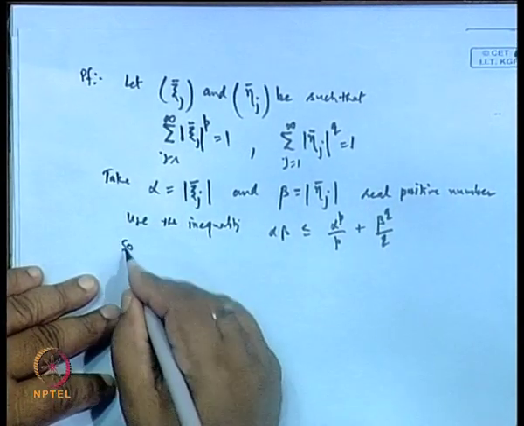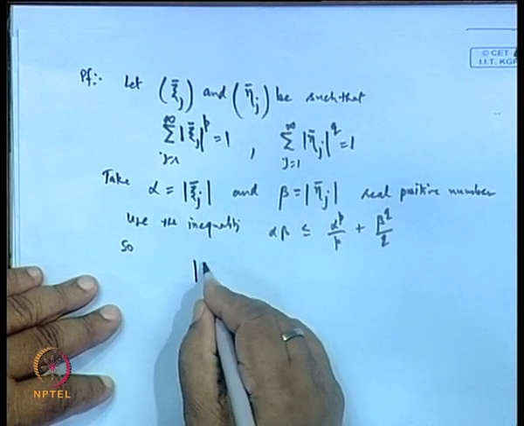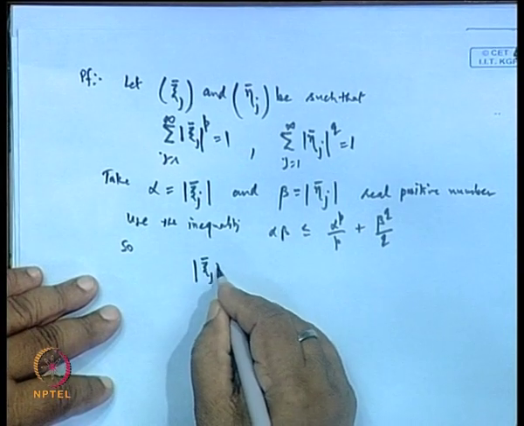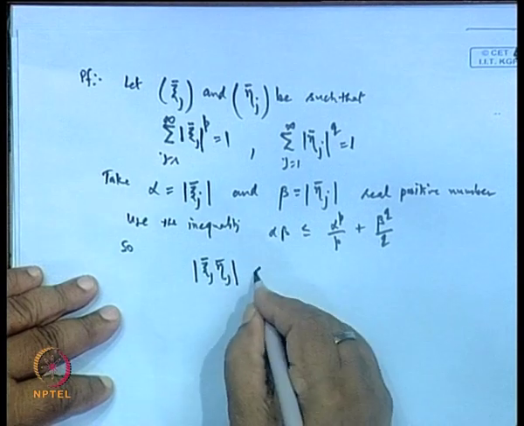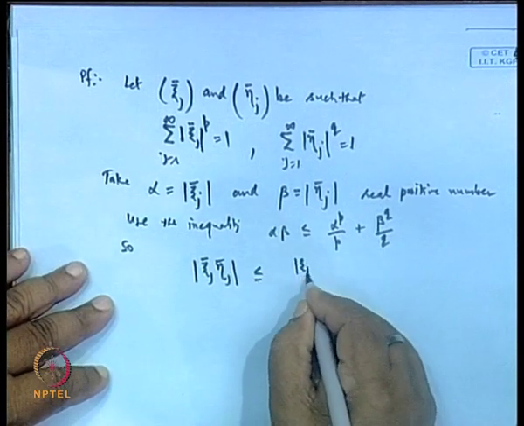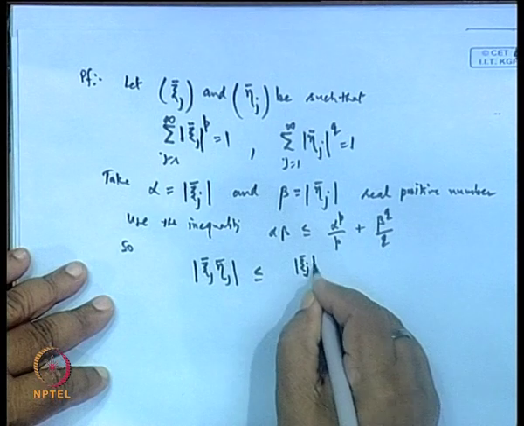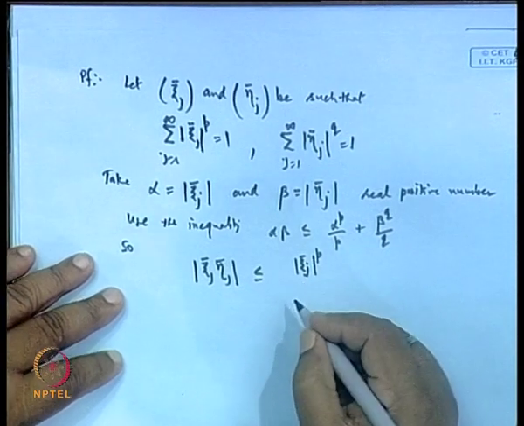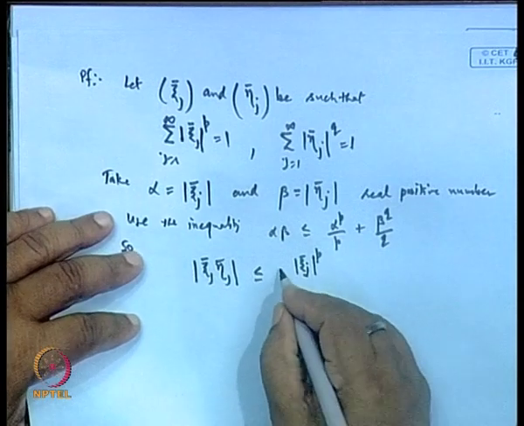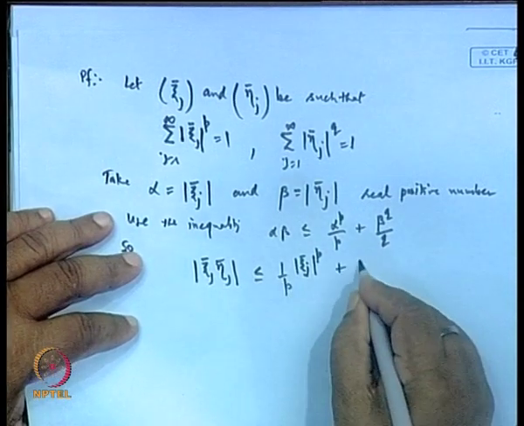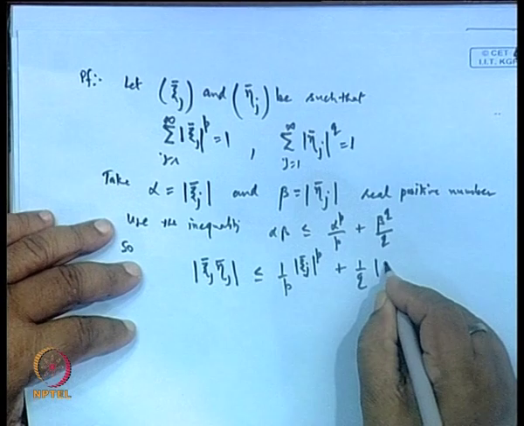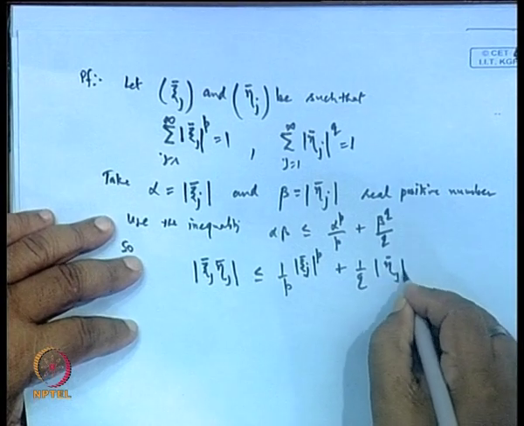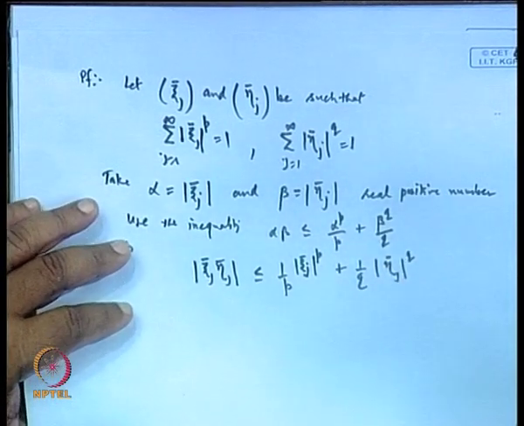So, we get mod of xi j bar eta j bar is less than or equal to mod of xi j bar power p by p plus mod of eta j bar power q by q. Okay.